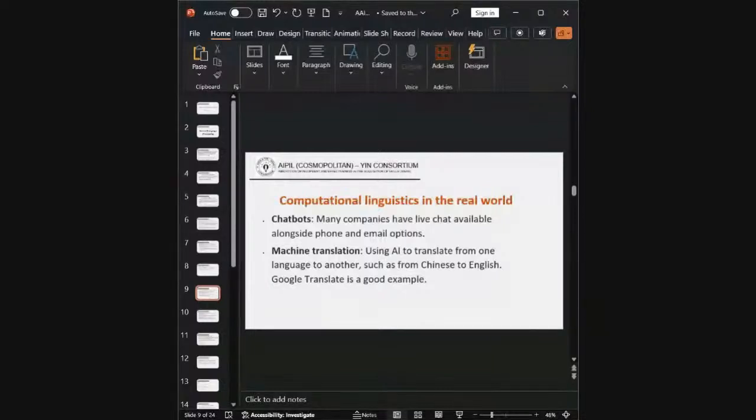And what is powering that is actually computational linguistics. By the way, for some of you that are really interested in AI, of course, that's why you are in this course, do you realize that there are some people for whom this is just their area of specialization? Some of them are expert computational linguists.